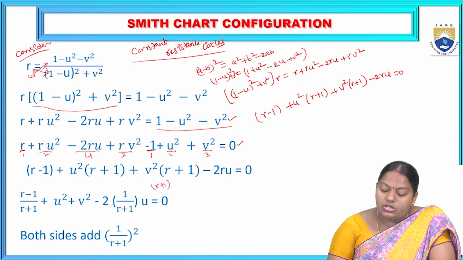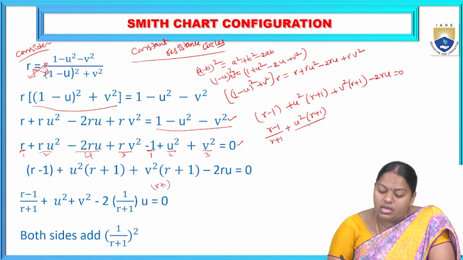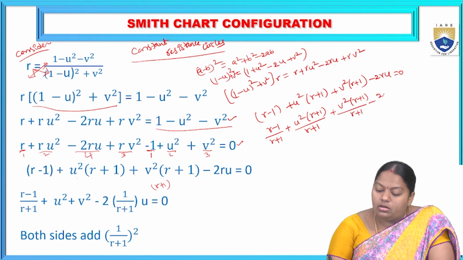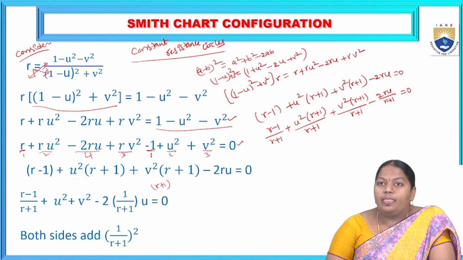Taking r plus 1 as common between all, we get (r minus 1) by (r plus 1) plus u square into (r plus 1) by (r plus 1) plus v square into (r plus 1) by (r plus 1) minus 2r into u by (r plus 1) equal to 0, right?